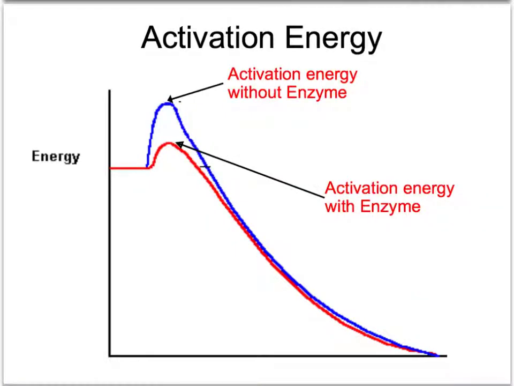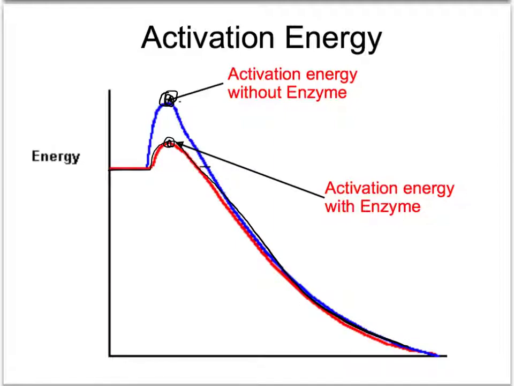On a graph for a reaction, you would see the activation energy is just the highest point on the graph. So it's wherever the graph goes up. And when a reaction has an enzyme, you would compare it to this red line in the graph. Okay? So this red line goes up not quite as high.